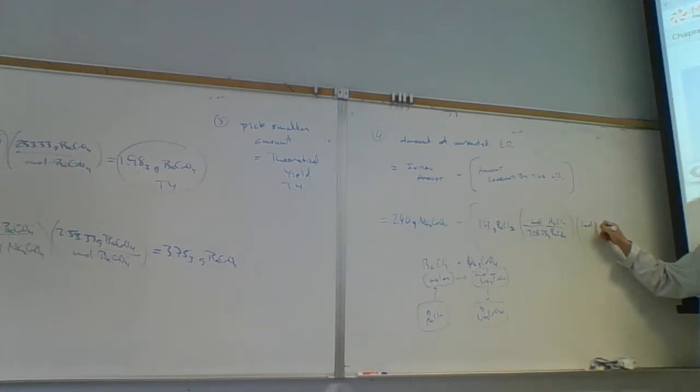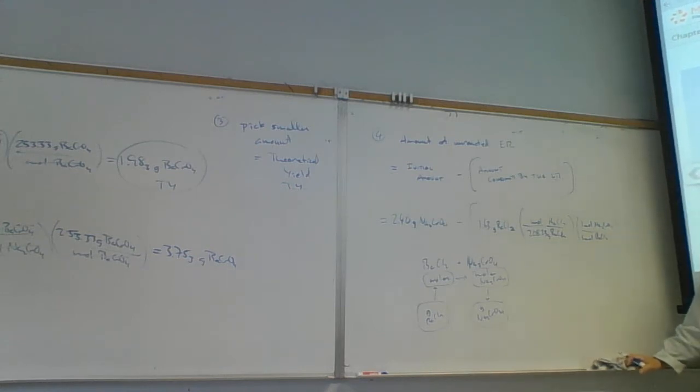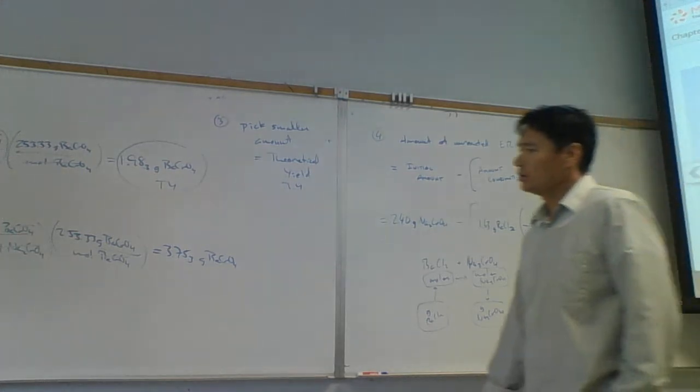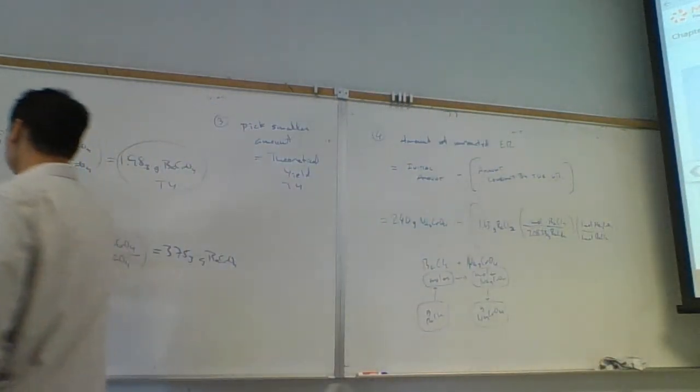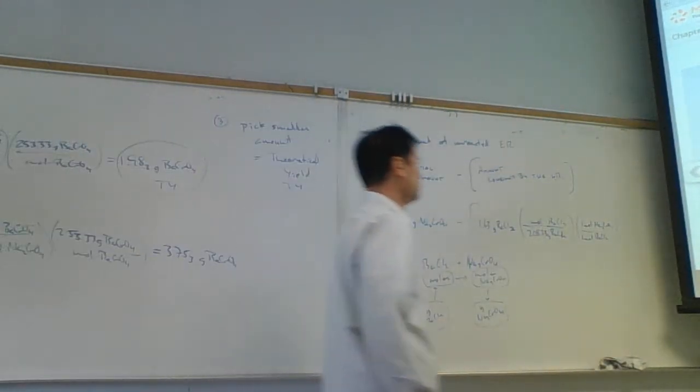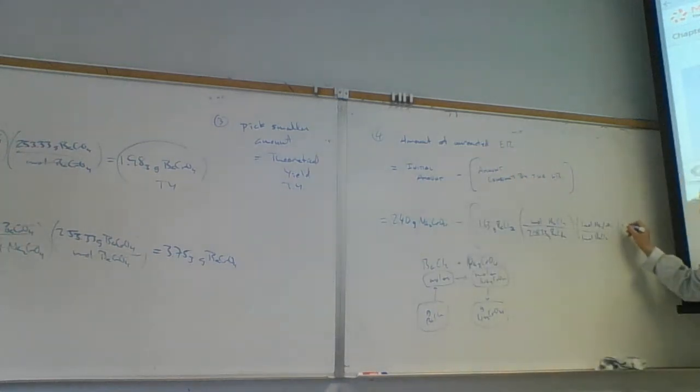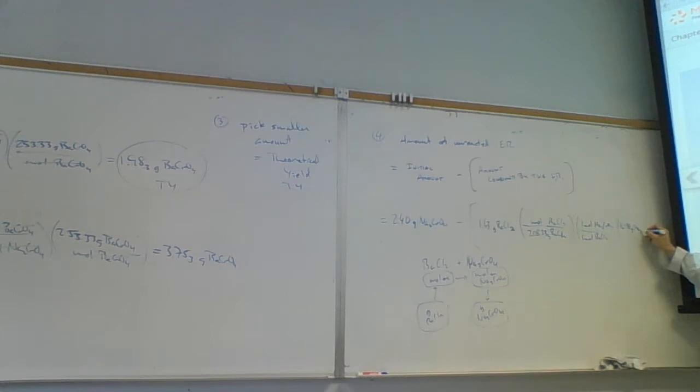So 1 mole of sodium chromate is required for every 1 mole of barium chloride. And then we need the molar mass of sodium chromate, which is 161.98 grams of sodium chromate per mole of sodium chromate.